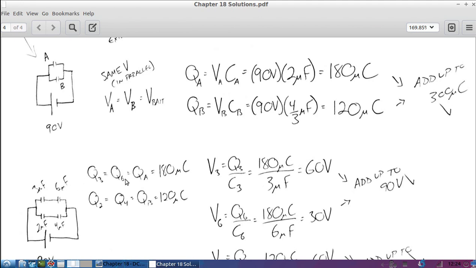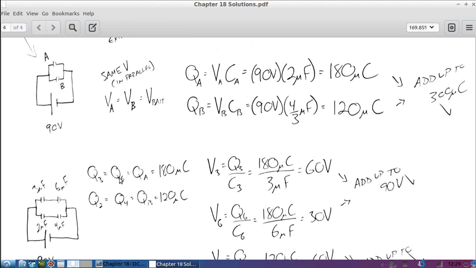So Q3 equals Q6 equals QA equals 180 microcoulombs. Similarly for the 2 and the 4, their charge is equal to the charge on capacitor B, which is 120 microcoulombs. Notice again, I'm not using 300, I'm using the charge on A and the charge on B for these individual capacitors.